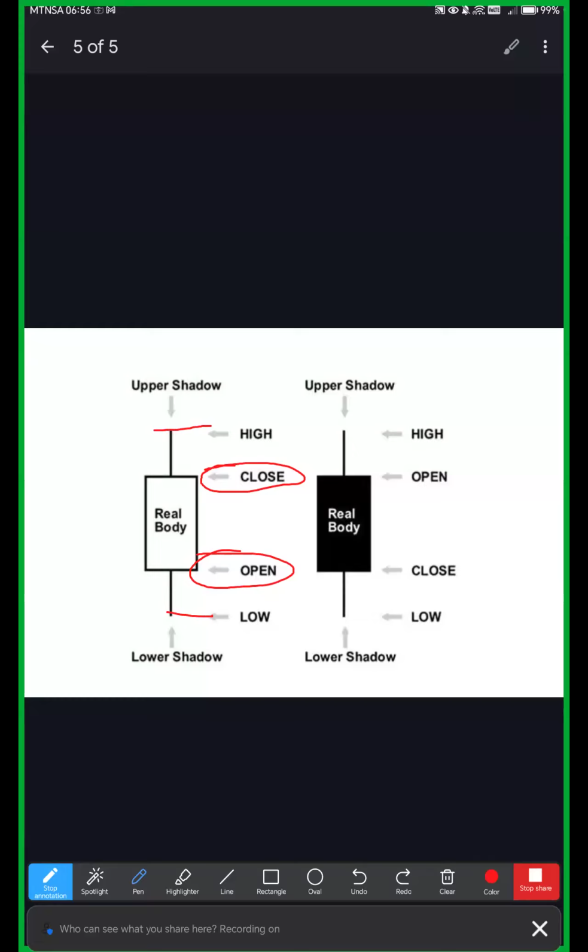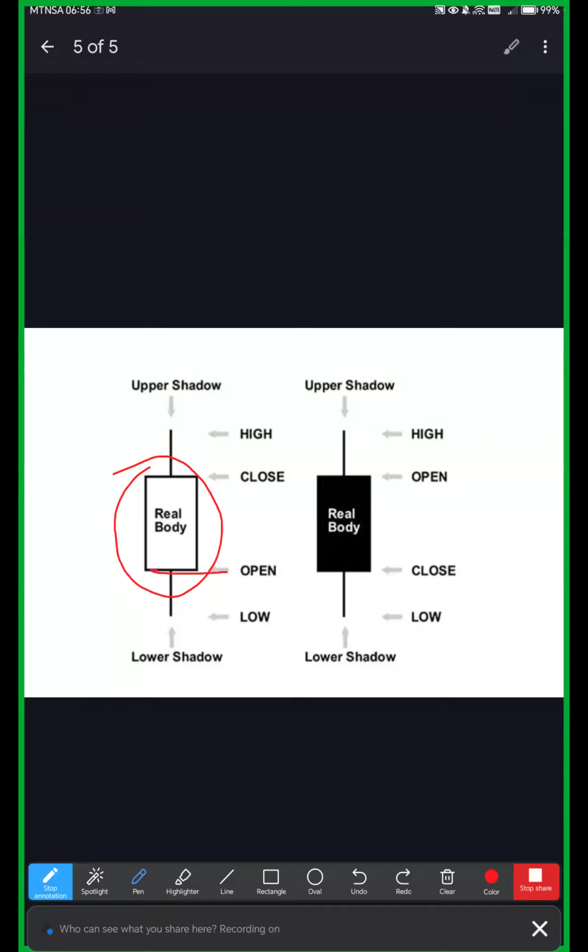Now, let's understand one thing. This is a buying candle. When it comes to buyers, they open the market or they open the price from the bottom.